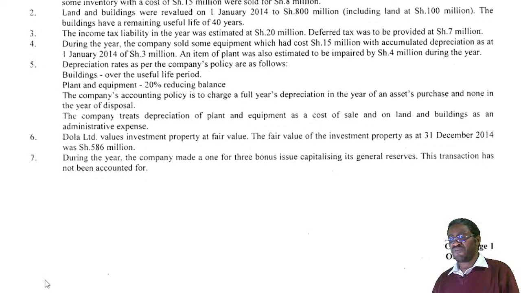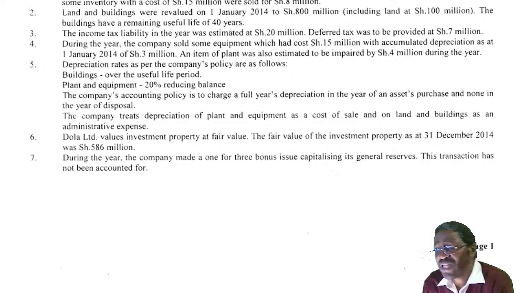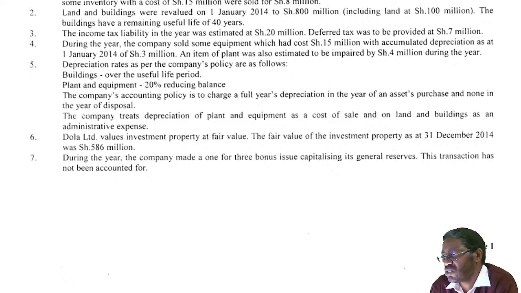That is note number 4. I think number 4 and 5 are related. Yes, they are about fixed assets. Number 4 says, during the year, the company sold some equipment which had cost 15 million with an accumulated depreciation as at 1st of January, which means the beginning of this year, 1st January 2014, of 3 million.